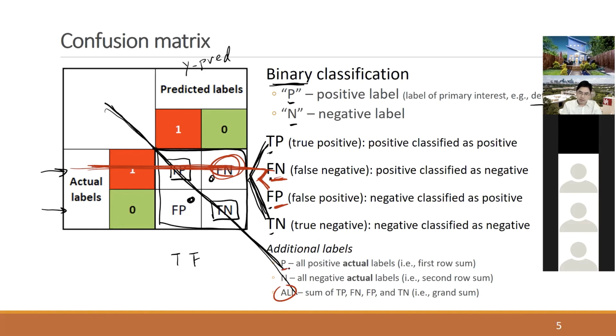P refers to the number of positive ground truth cases, which is the row sum of the first row. And N is the total number of negative ground truth cases, which is the row sum of the second row. Make sense?